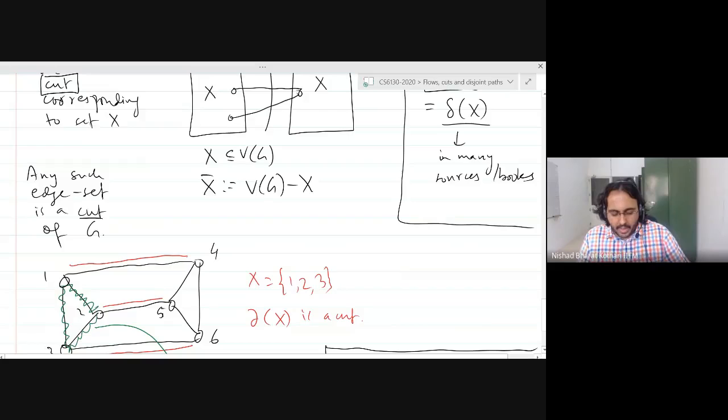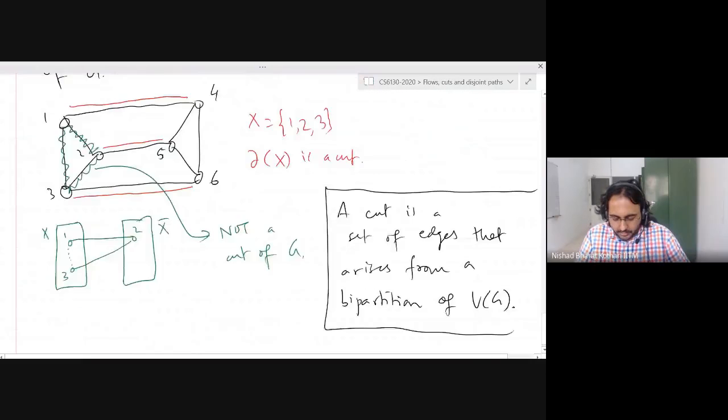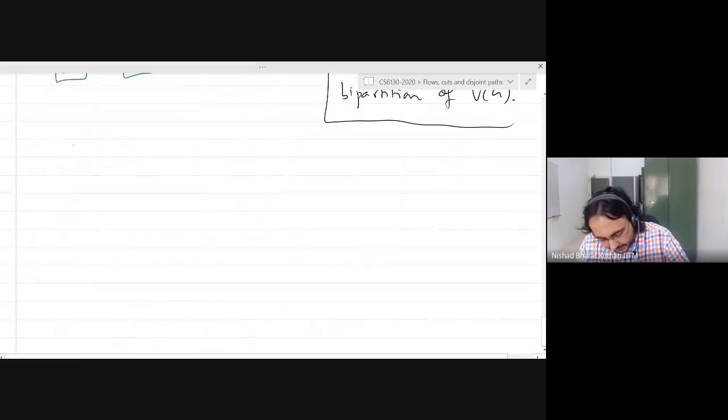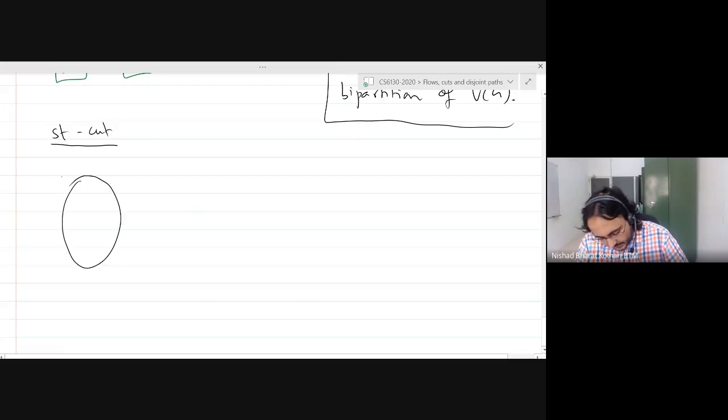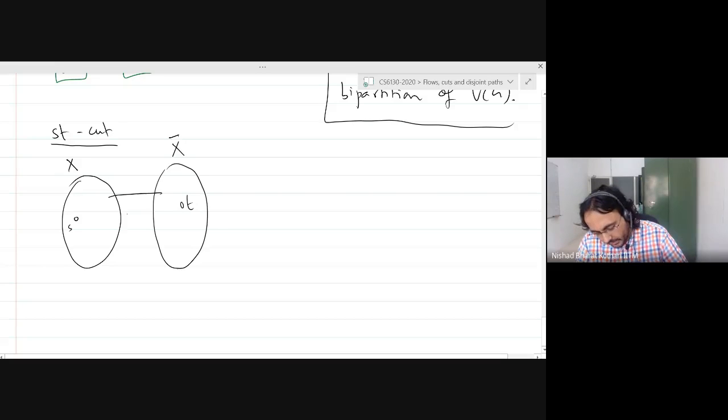Good. And now there is one more concept I want to introduce, which is an ST cut. An ST cut is simply a cut where S is on one side and T is on the other side. So it looks like this. I take a set X, and X should contain S, but it should not contain T. And so T has to be in the complement. And now look at all the edges going between X and X bar.